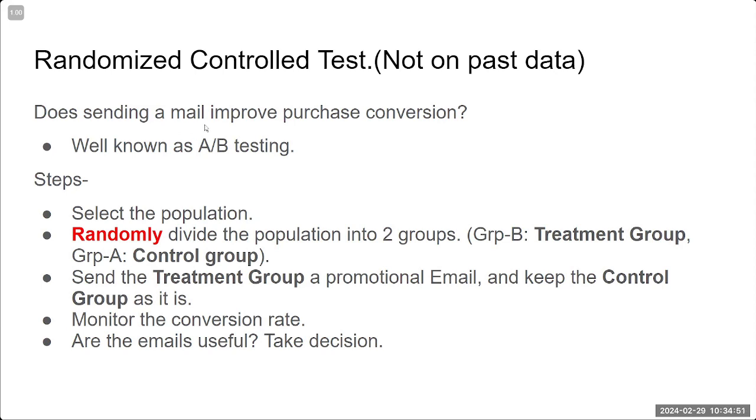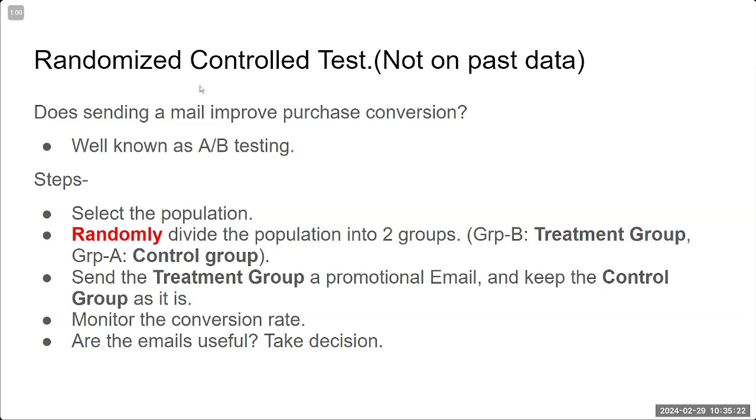You can send your users mail with promotional offers and information about your products. That may improve the purchase conversion. But how much improvement will this create? Will it be significant? For this type of test, a very well-known method is A/B testing.